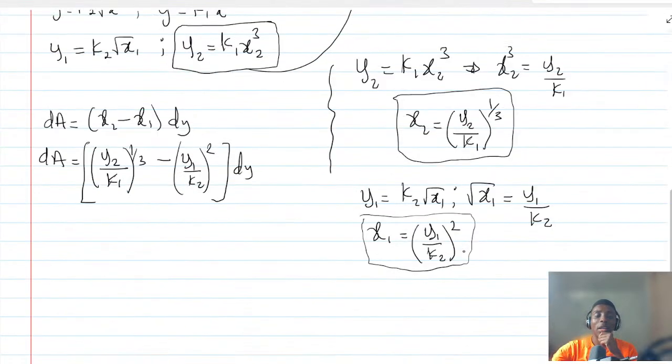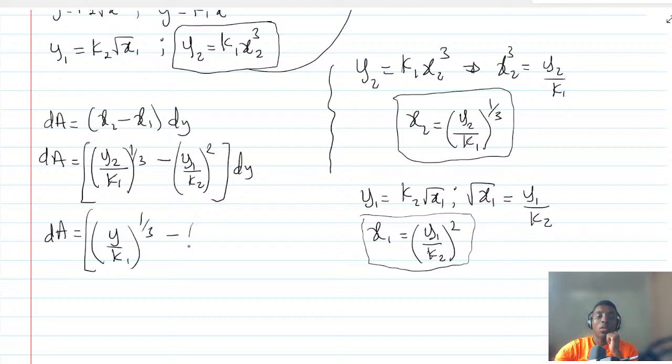So at this point, you can just go straight away and say that dA is actually going to be y divided by k1 to the power 1/3 minus y divided by k2 squared, and then dy.